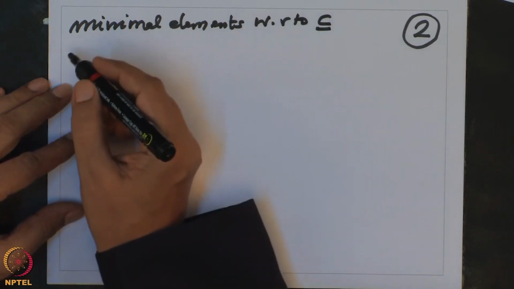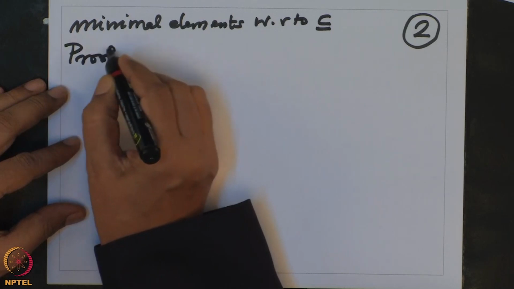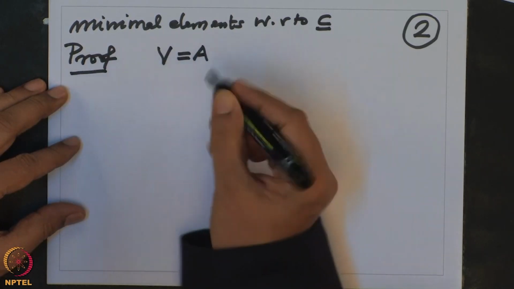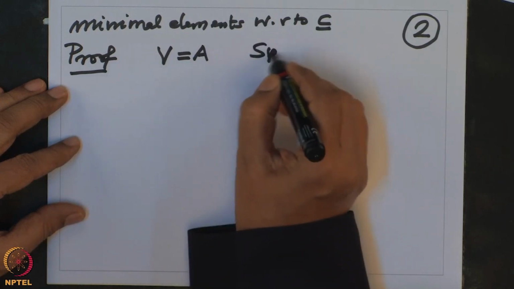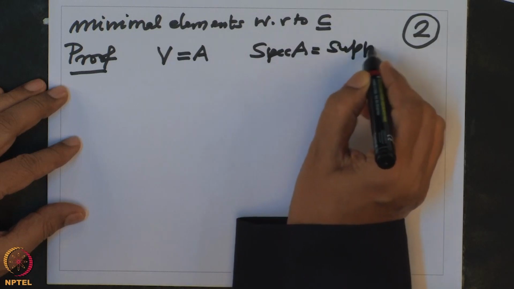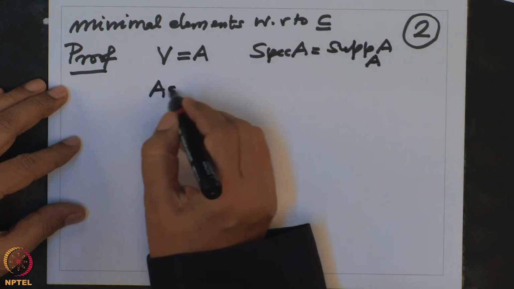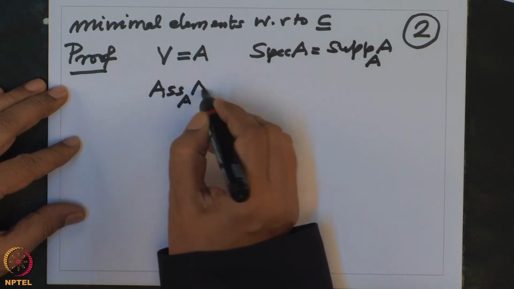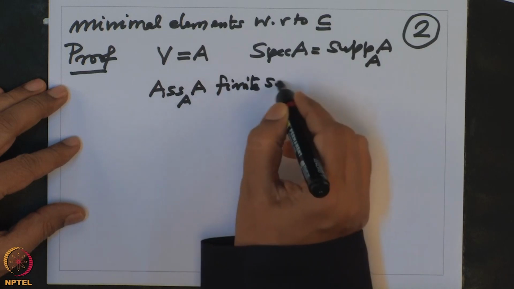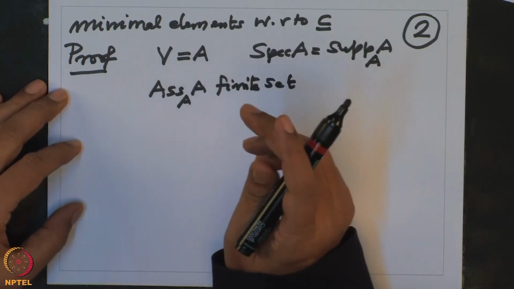This is immediate from the fact that you apply the above observation to the module V equal to A. Then in this case we know Spec A equals the support of A as a module, and then we know the associated primes are a finite set and their minimal elements are the same, therefore Spec A will have finitely many minimal elements.